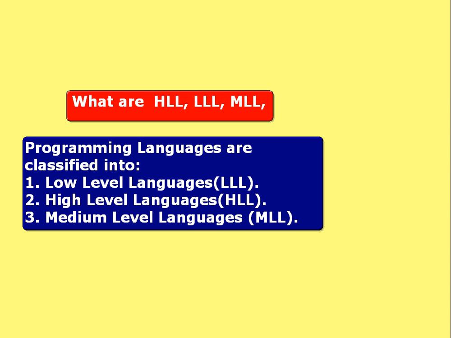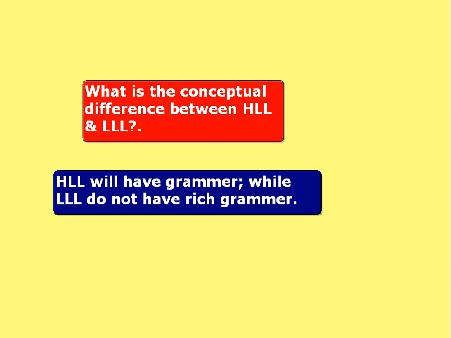Programming languages are divided into three styles. They are known as low-level languages, high-level languages and medium-level languages. What is the conceptual difference between high-level languages and low-level languages?